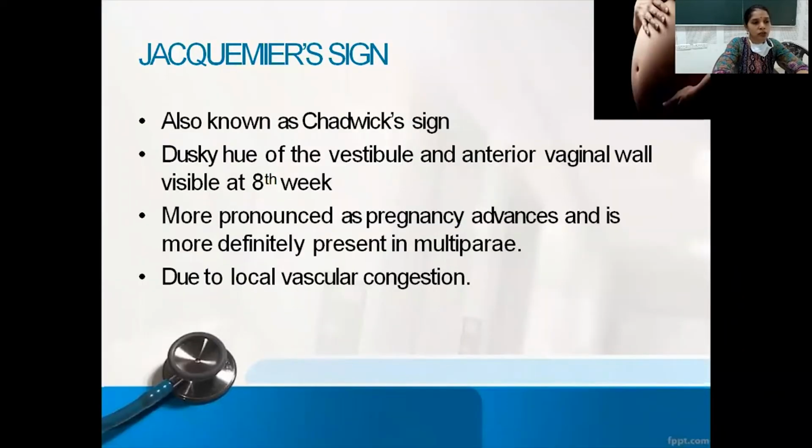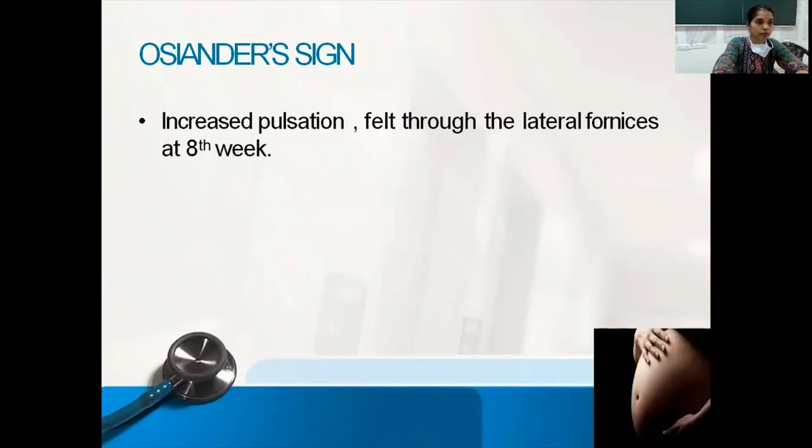Jacquemier's sign is also known as Chadwick's sign. This is a dusky hue of the vestibule and anterior vaginal wall, visible at the 8th week. It is more pronounced as pregnancy advances and is more definitely present in the multipara than in the primigravida, unlike what we see in the breast changes. This is due to local vascular congestion.